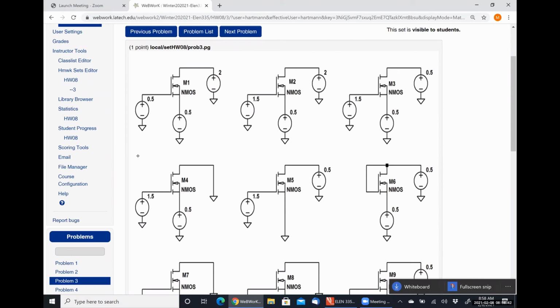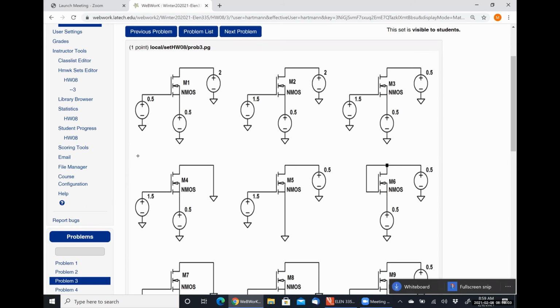For this top middle guy, what is VGS? 1. Okay. So VGS is 1. 1 is greater than 0.4 volts, so it's on. So now we need to figure out whether it's in the triode region or the saturation region, right?